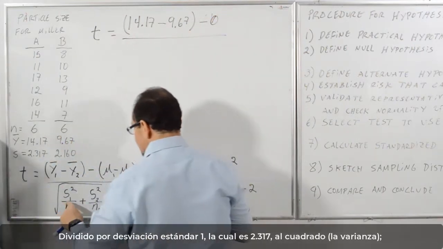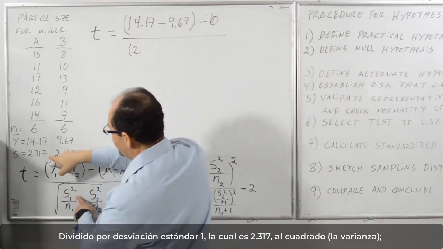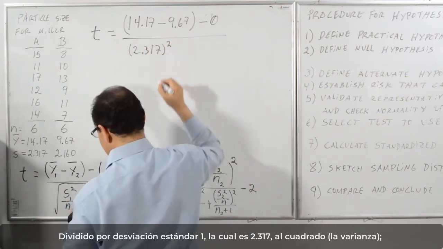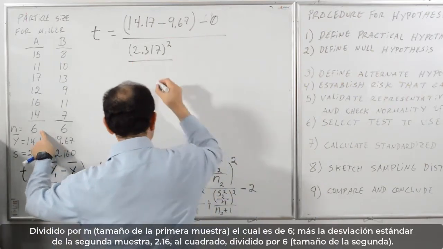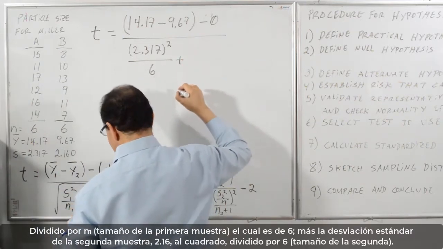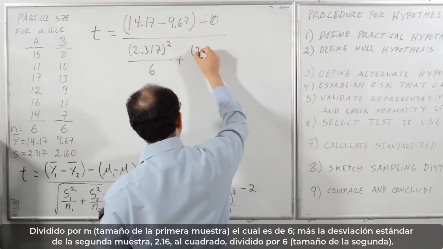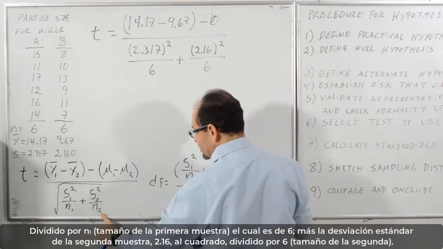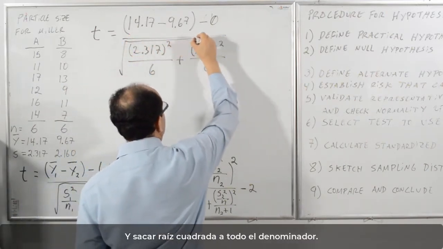Divided by the standard deviation 1, which is 2.317 squared, because that is the variance, divided by n1, the sample size, which is 6 for the first sample, plus the standard deviation of the second sample, 2.16 squared, divided by 6, which is the sample size of the second sample, and all of that square root.